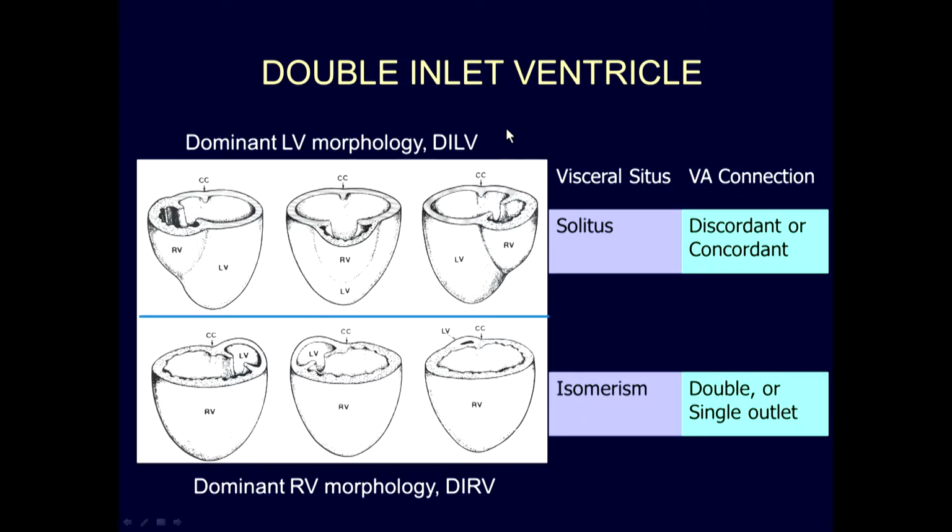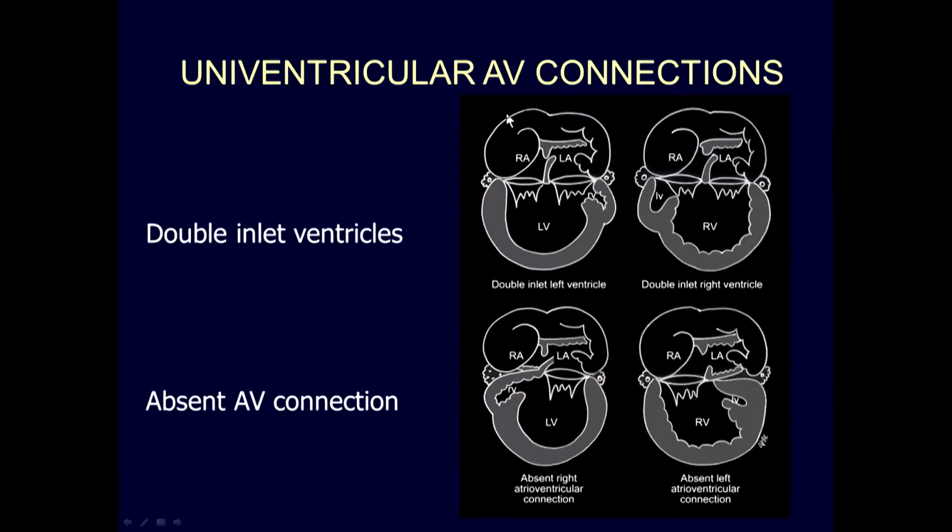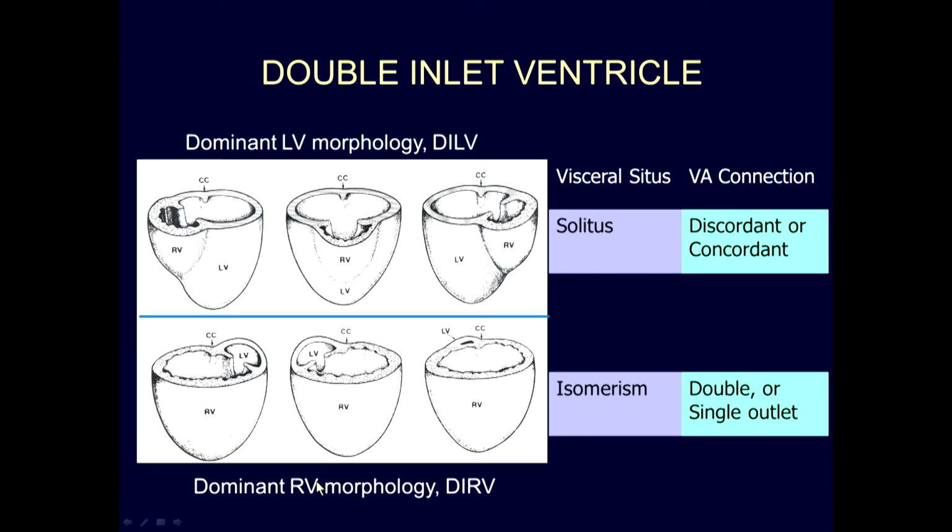So when we have a double inlet ventricle, the dominant ventricle can be morphologically left or morphologically right, but it's not easy to identify exactly. If the dominant ventricle is morphologically left, the rudimentary or incomplete chamber is located almost always at the anterior superior aspect of the ventricular mass, far from the crux cordis.